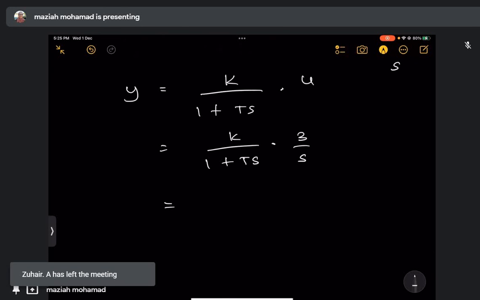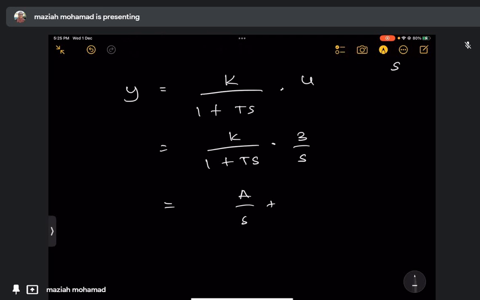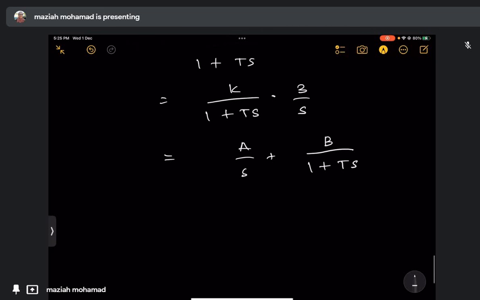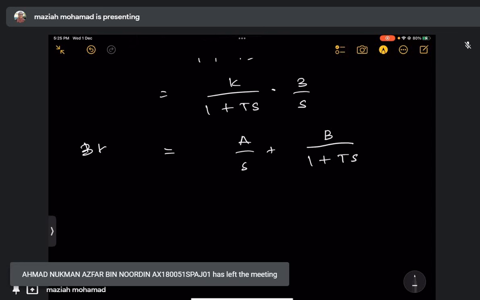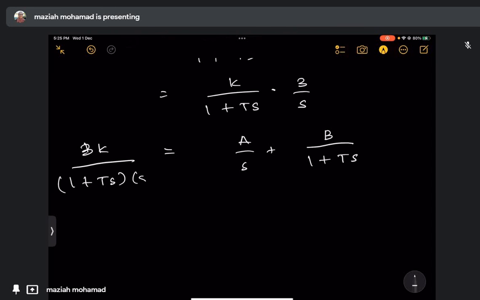Partial fraction decomposition, you're going to have A over S plus B over 1 plus TS. So this part here is 3K over 1 plus TS multiply with S. Okay, so if you solve for A, A is 3K.